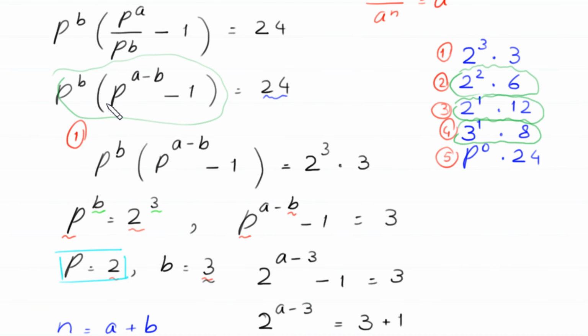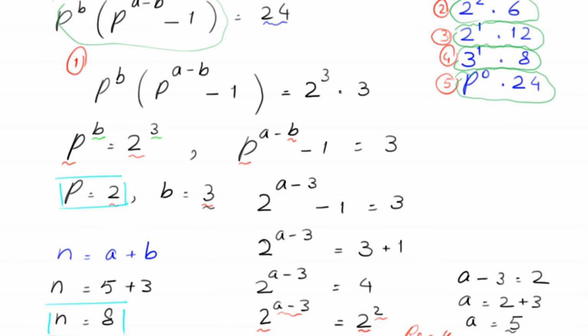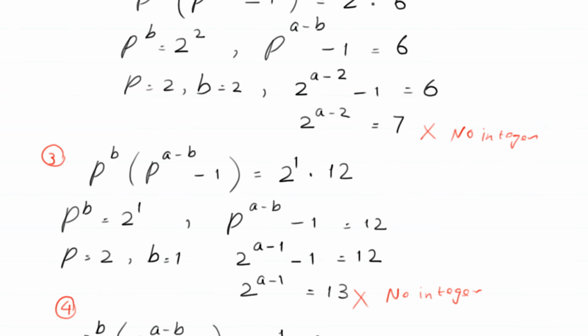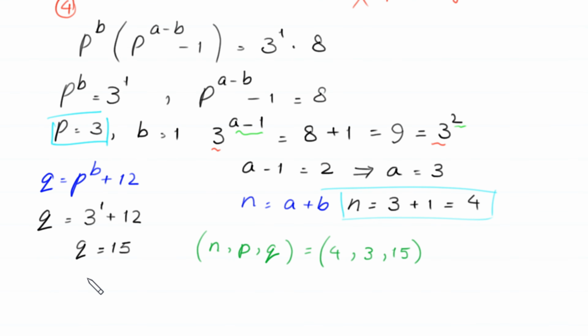In case 5, we write this expression p to the power b times p to the power a minus b minus 1 equal to p to the power 0 times 24.